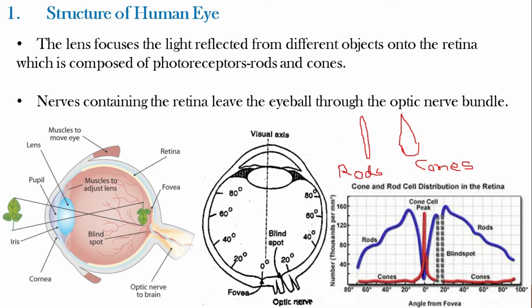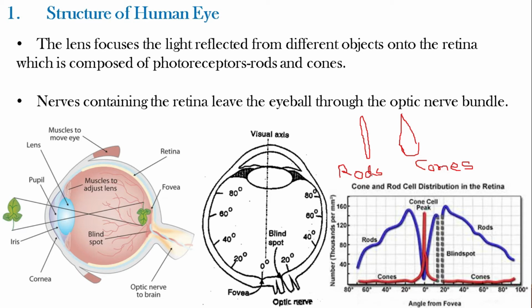These rods are important for black and white vision in dim light. These rods allow us to discriminate between different shades of dark and light. And the cones are responsible for color vision and sharpness of vision in bright light. So in moonlight we cannot see color. Why? Because only rods are functioning in the moonlight.